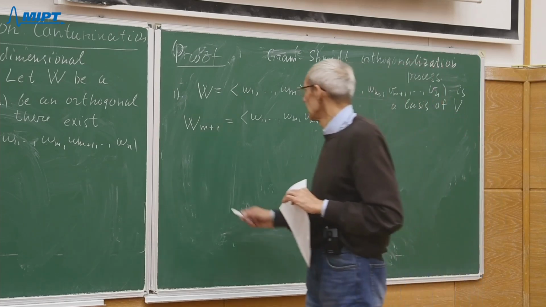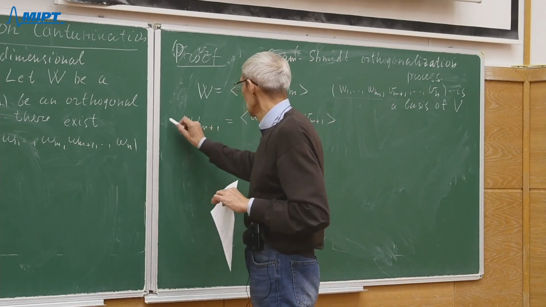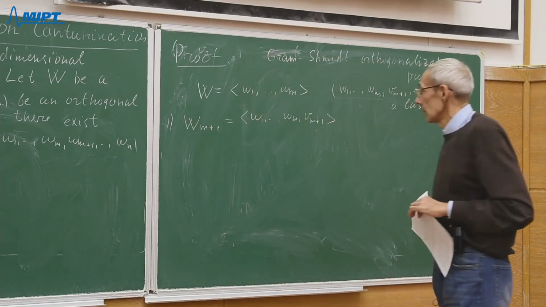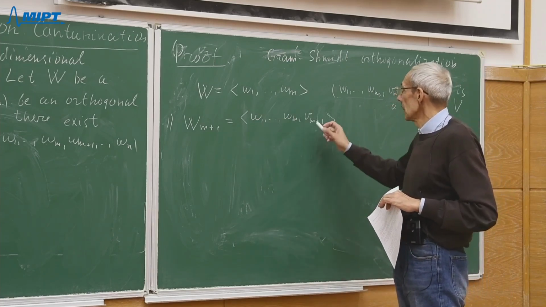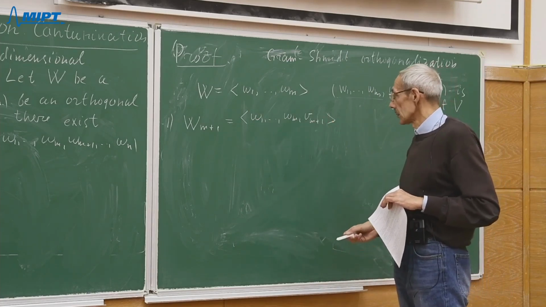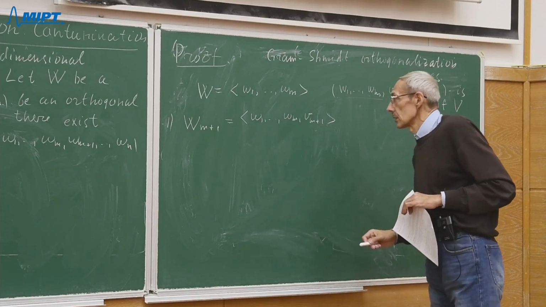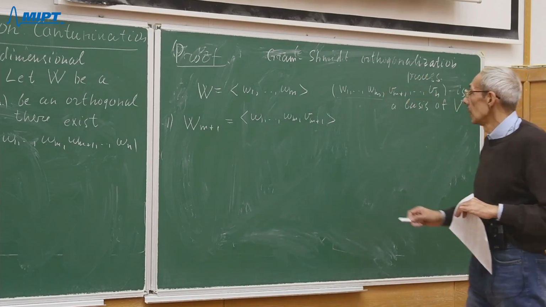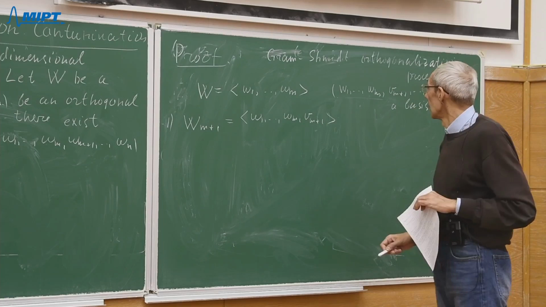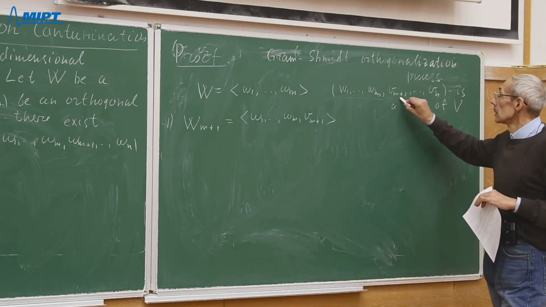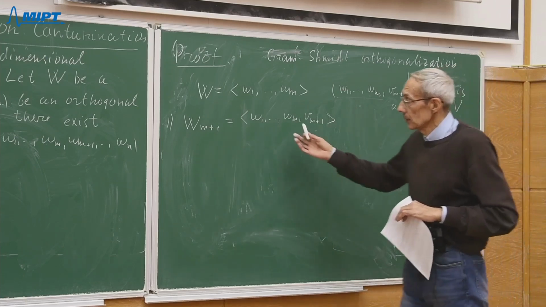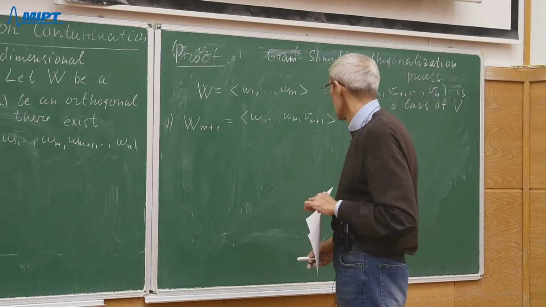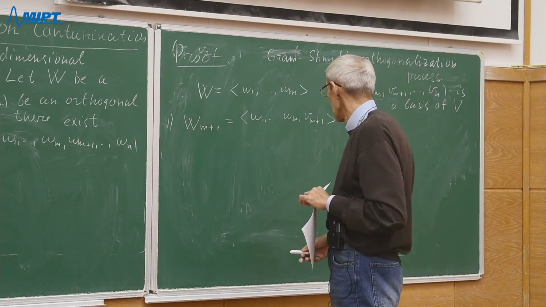First step is the following. We extend our vector space and add to the generating system of vectors W1, ..., Wm the vector Vm plus 1. And we obtain an m plus 1 dimensional vector subspace.